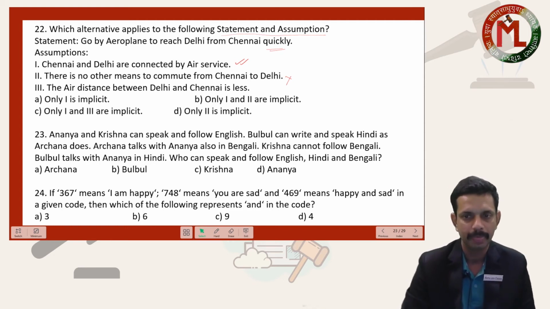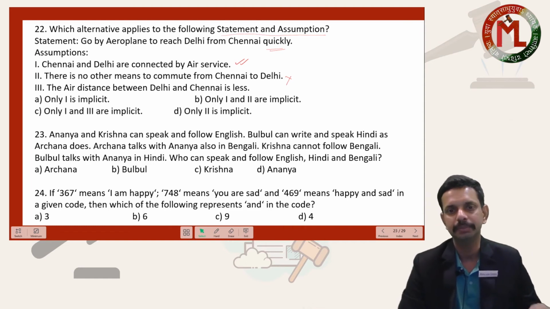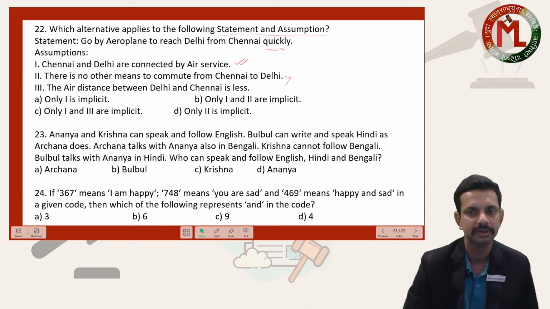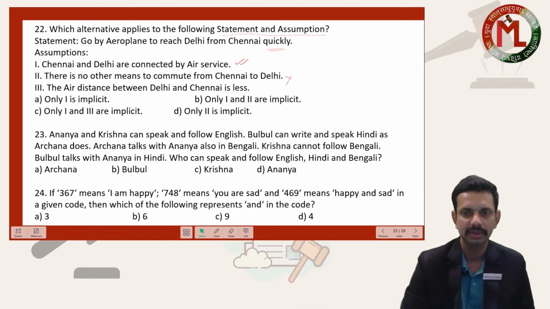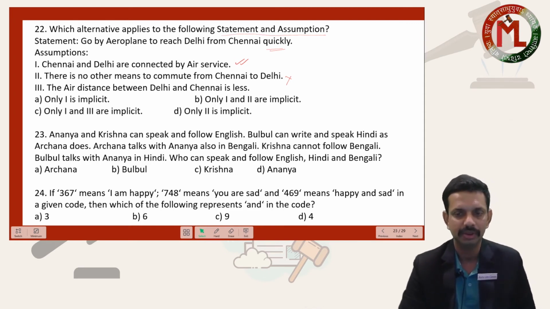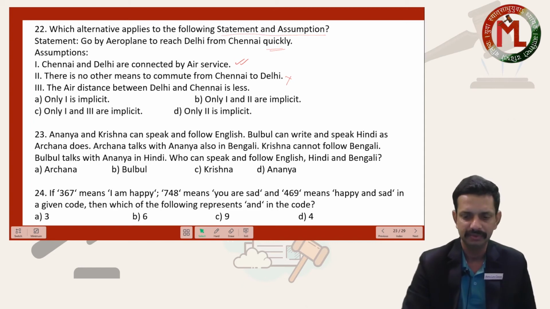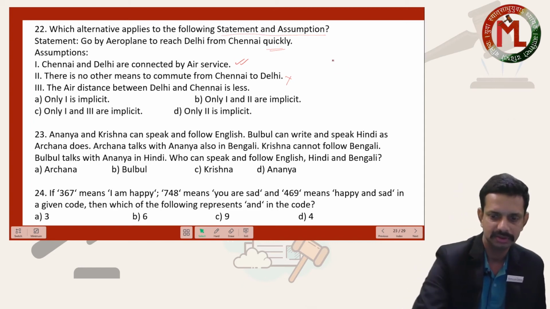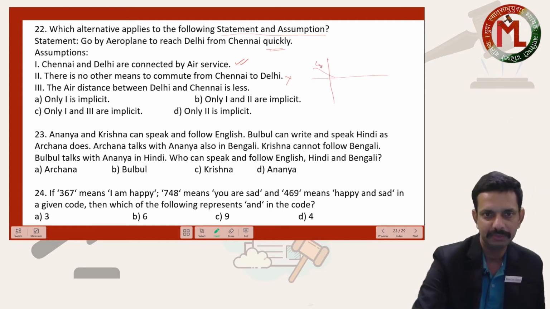Now, this question is basically based on the puzzle, right? Puzzle is given and you can answer these questions by using a table or by making a table in which you can put forward the names and the languages. Just use a table like this, two-way table, in which one will represent the language, one will represent the person.